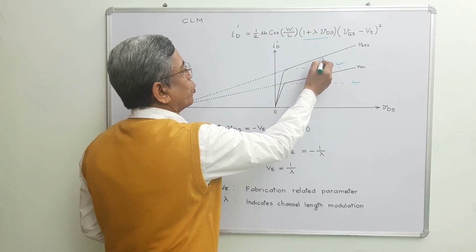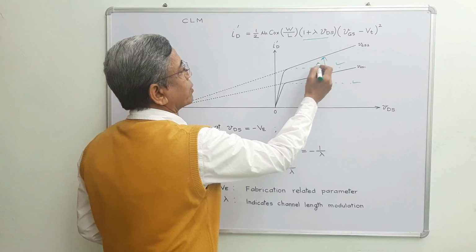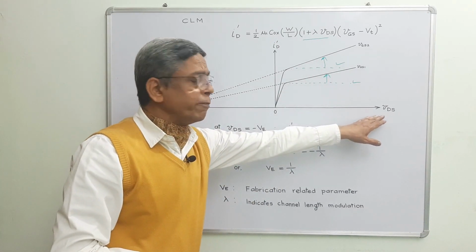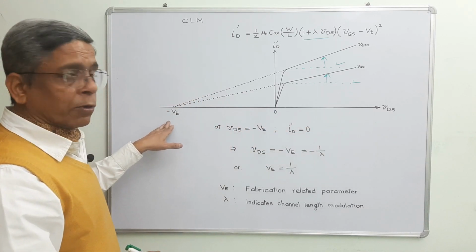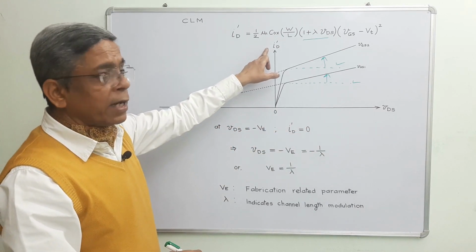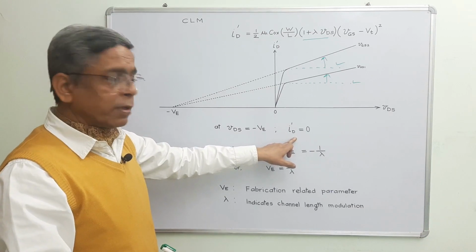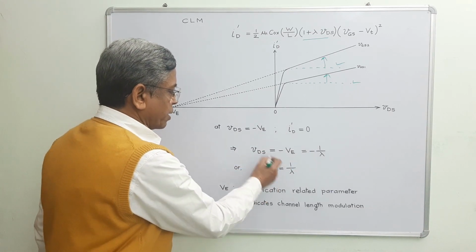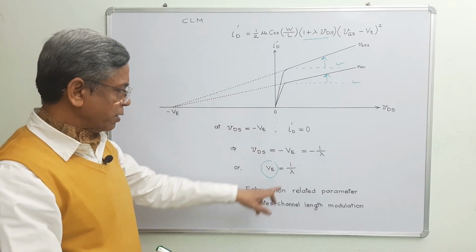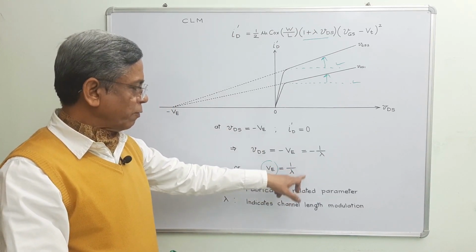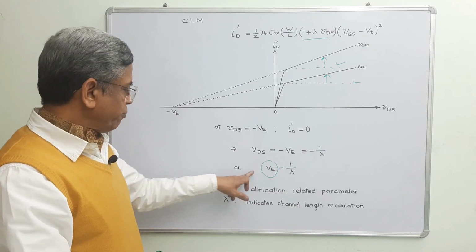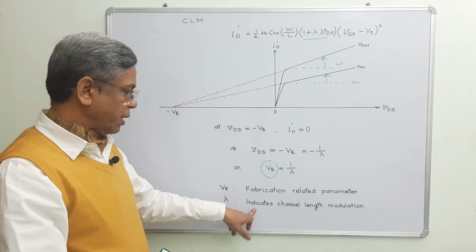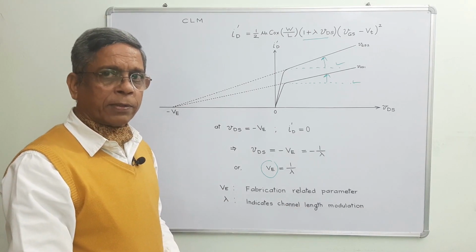This slope is because of channel length modulation. At a particular negative value of VDS, minus VE, this drain current becomes 0. Putting this value over here, we get one parameter called VE, which is equal to 1 by lambda. VE is a fabrication related parameter, and lambda indicates channel length modulation.